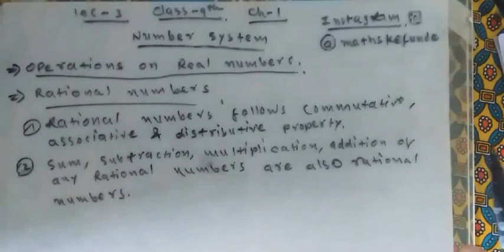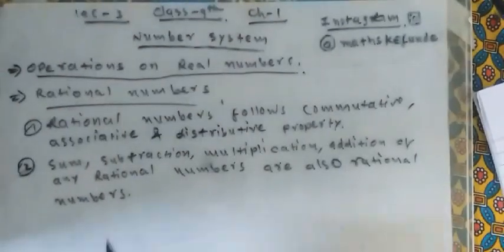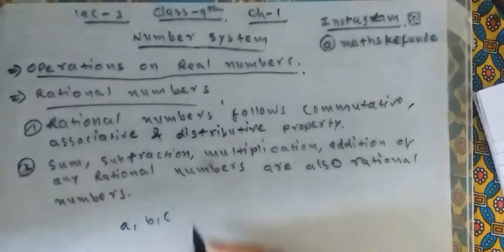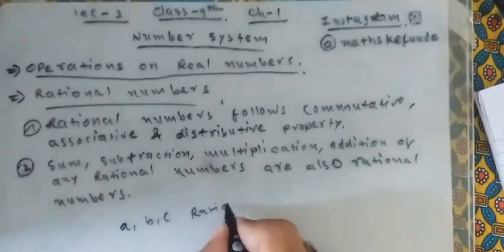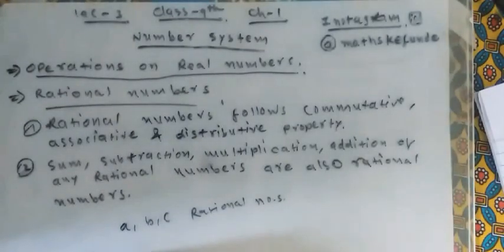So what is commutative? We already know that. Let me take three rational numbers as a, b and c. If it is commutative, then we get ab is equal to ba.